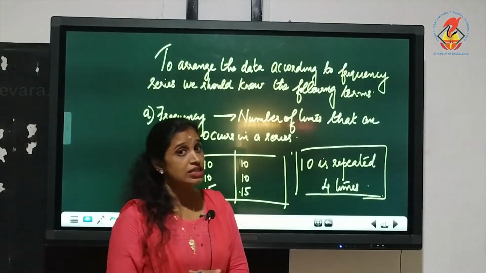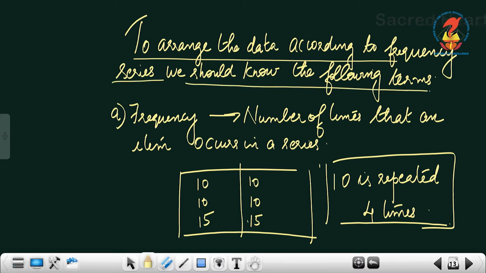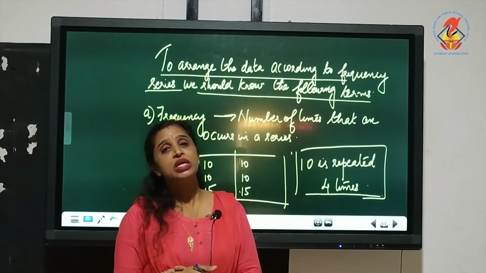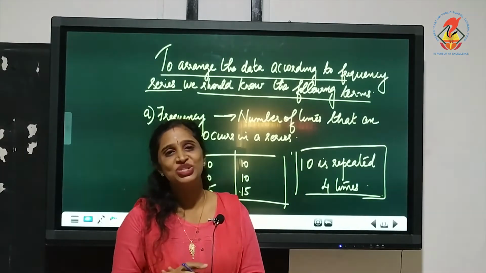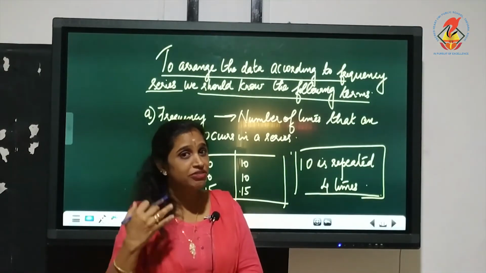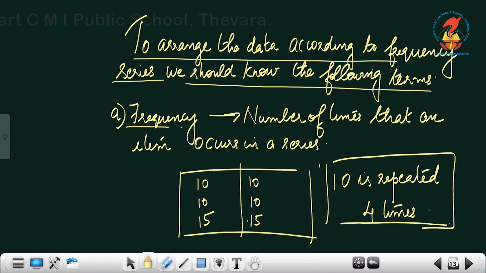To arrange the data in a frequency series in an organized manner, you need to know some terms related to the conversion of raw data into a statistical series. Now let us see what those terms are.